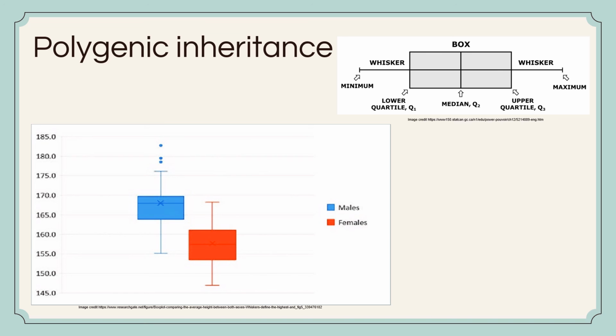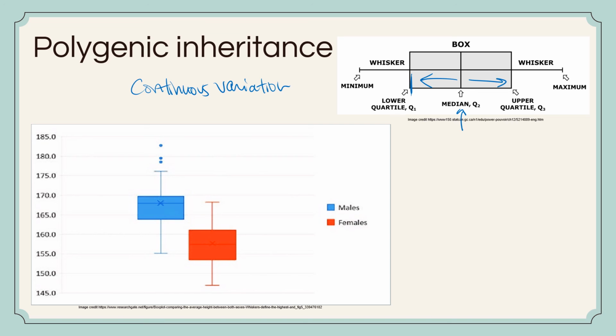One of the ways that we can analyze our polygenic inheritance phenotypes, those that show continuous variation, is by using super amazing box and whisker plots. I know that you learned about these in math class, so I'm not going to spend a huge amount of time talking about them, but we can put the median here in the middle. Then we put the 25% of the data points that are under the median, between the median and that first lower quartile, Q1, in the box.